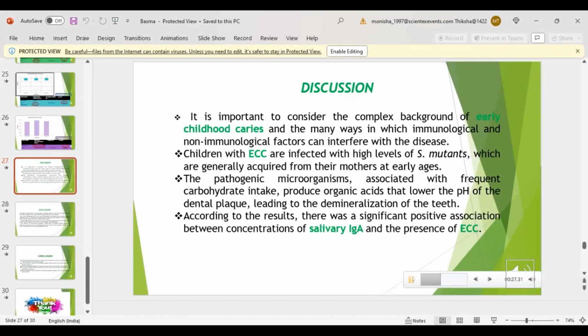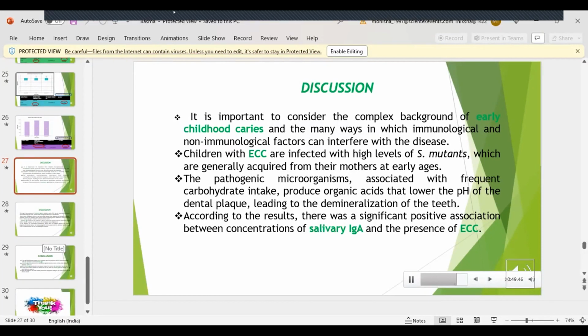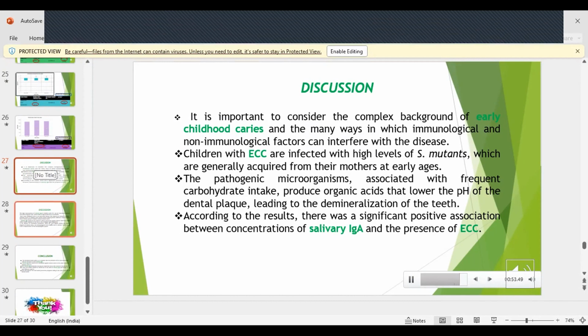Children with early childhood caries are infected with high levels of Streptococcus mitis, which are generally acquired from their mothers at an early age. The pathogenic microorganisms associated with frequent carbohydrate intake produce organic acids that lower the pH of the dental plaque, leading to demineralization of the teeth.